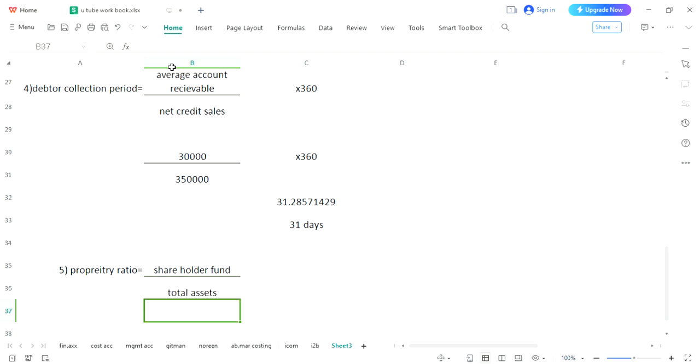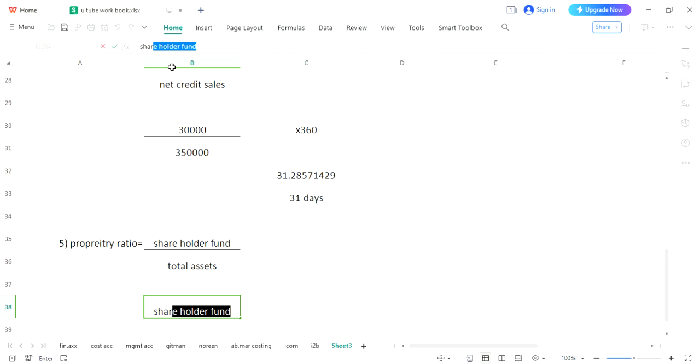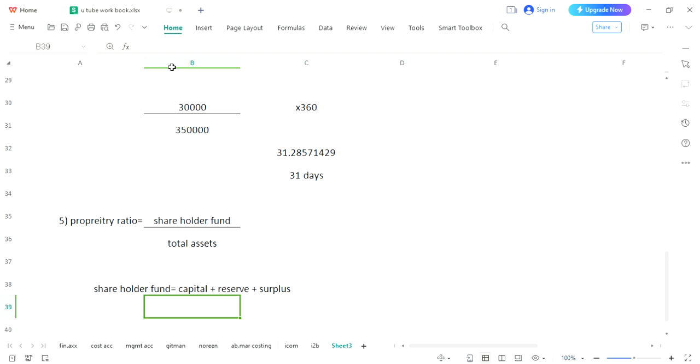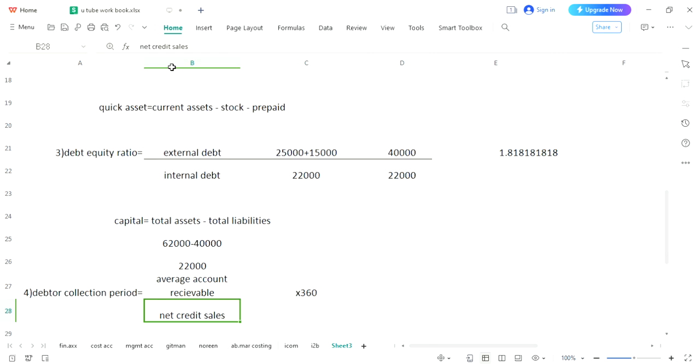And shareholder fund, you already have in your mind, it is capital plus reserve plus surplus. So we have got capital, reserve and surplus, and capital has already been calculated. Please note it down. Here we have calculated the capital, that is 22,000.